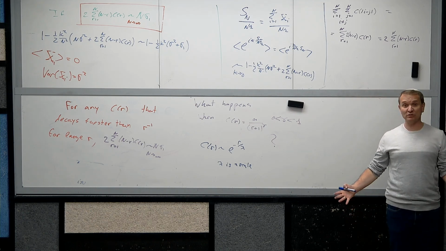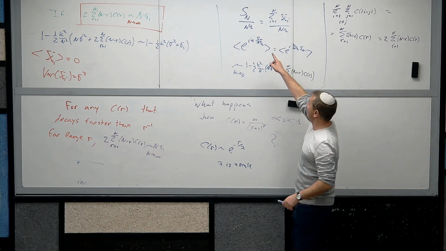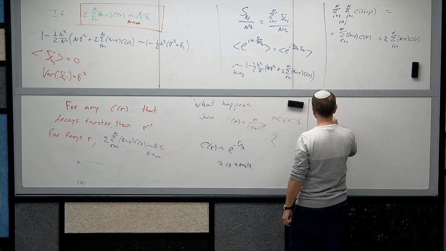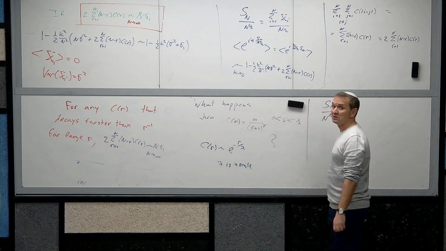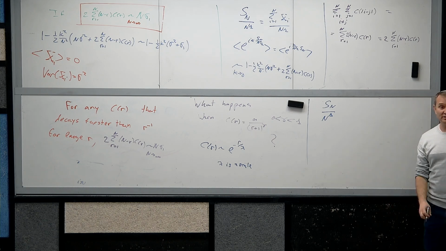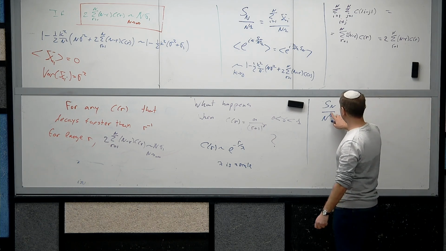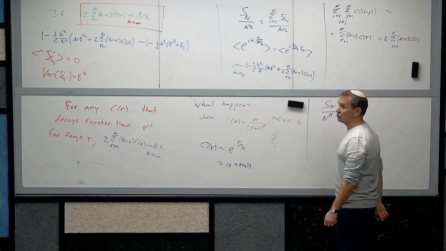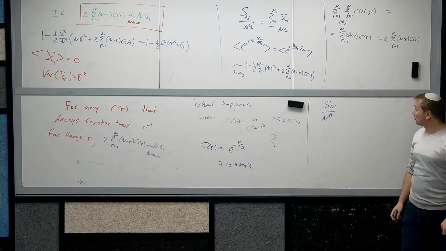Let's rescale it with some other exponent. So let's take S_n divided by n to the power delta, and I don't really know what this delta is. Or n to the power h.